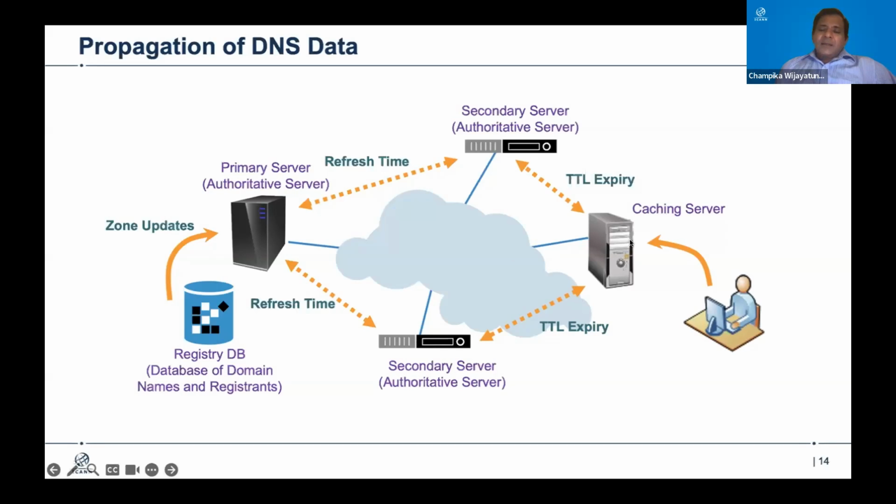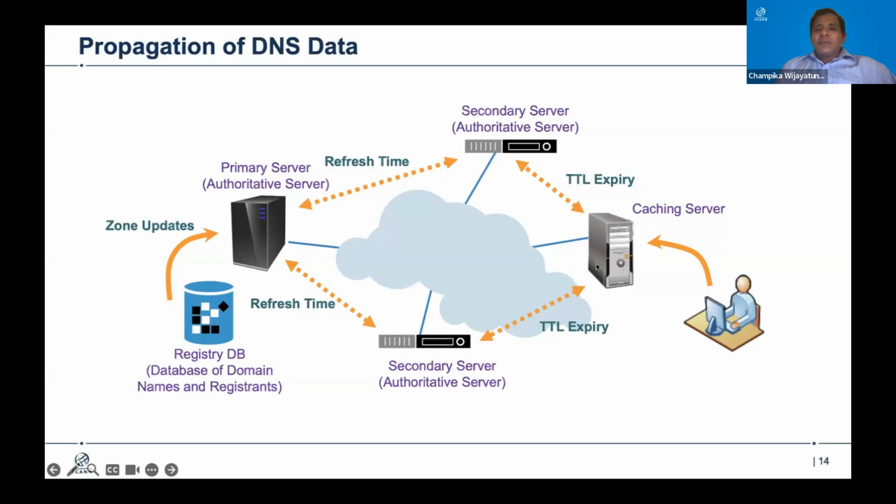If I'm a user in Yangon, and the recursive server is in Yangon, it's more likely that the query goes to the Yangon name server, right? If I'm sitting in Mandalay, it is more likely that my query goes to the name server which is in Mandalay.